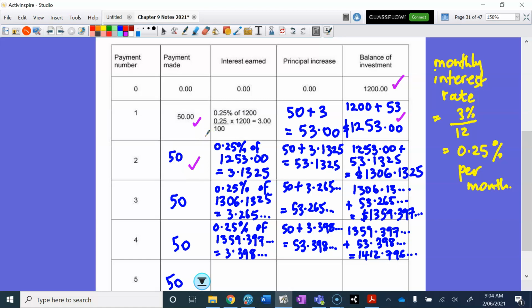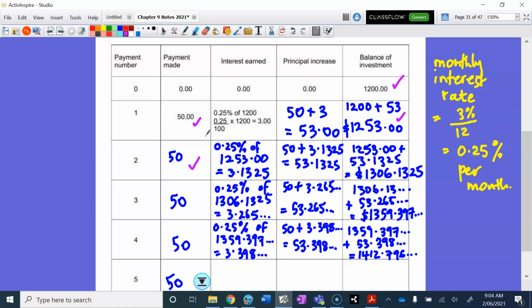The bank calculates interest on the previous month's balance, so 0.25% of $1,253, and that equals $3.1325. I haven't rounded off, so I'm just showing you in this little calculation that I have not rounded off when I've used my calculator.